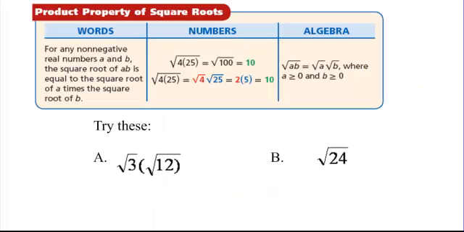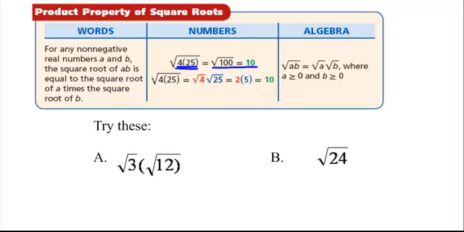So now here's our rules that we just basically did. We're going to do one with multiplication and then one with division. So the multiplication property says that we can do two different things. We can either take two numbers and multiply them together underneath the square root, and then take the square root of whatever that number is. So like 4 times 25, we could do 4 times 25 first, and then take the square root of what we have.